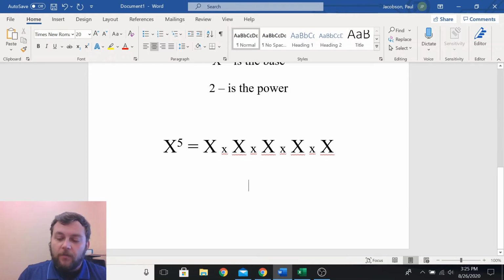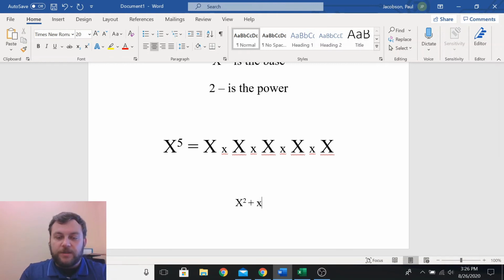Now, why is something like this important? Because sometimes you're going to get equations that look something like this. Very often, you'll get something like this: x squared plus, oh man, I keep messing up. I'm sorry.